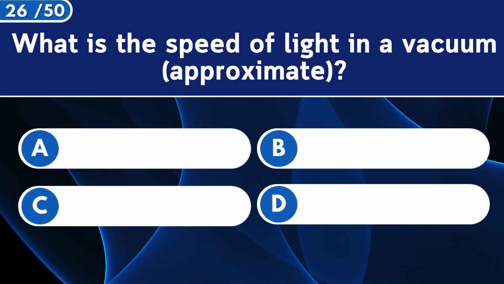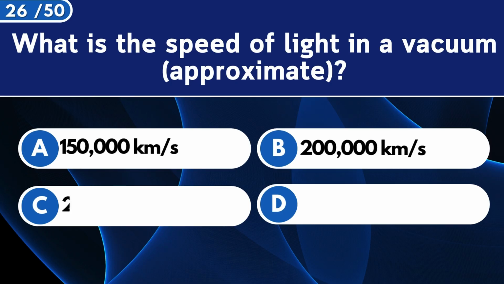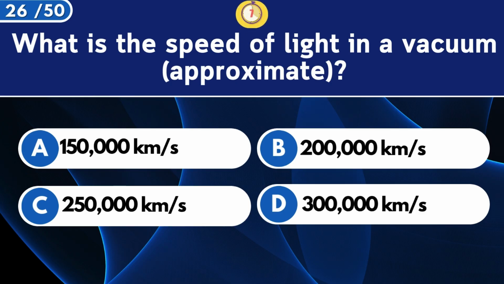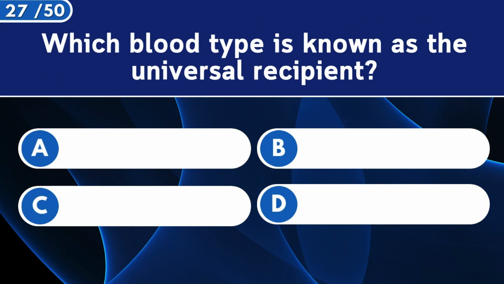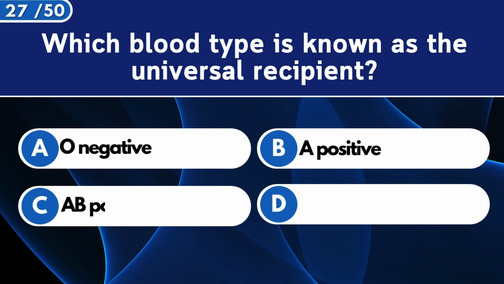What is the speed of light in a vacuum? 300,000 kilometers per second. Which blood type is known as the universal recipient? AB positive.